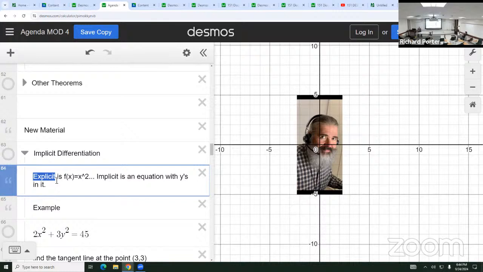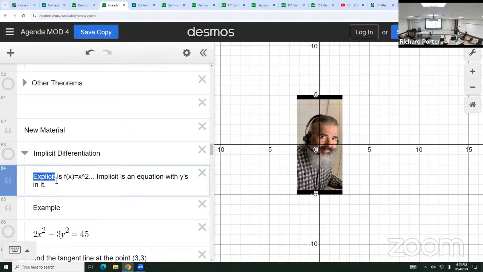Implicit is when you don't say it explicitly. You say something like, I'm older than 5, but I'm less than 7. So what's my age? I'm not telling you explicitly what it is, but you can figure it out.